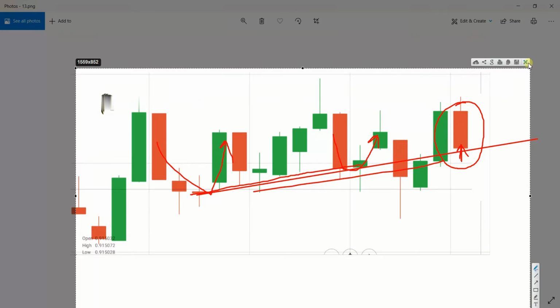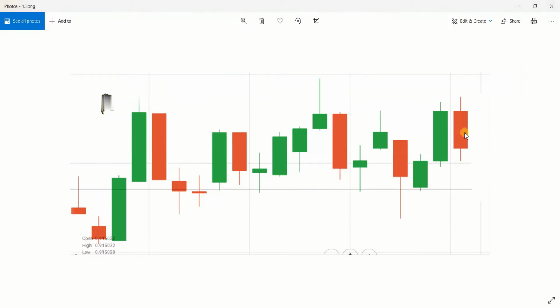So again we can trust this level, and we can go with the buyers here. And you can see this is a bullish candle. So you can see with waiting and with the help of a strong SNR, you can easily win your trades.